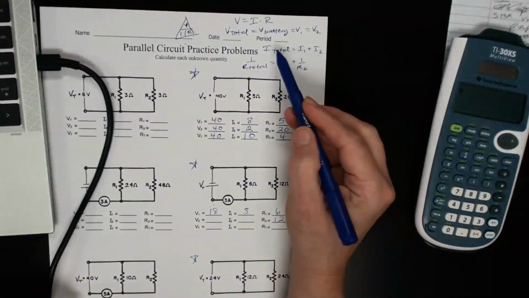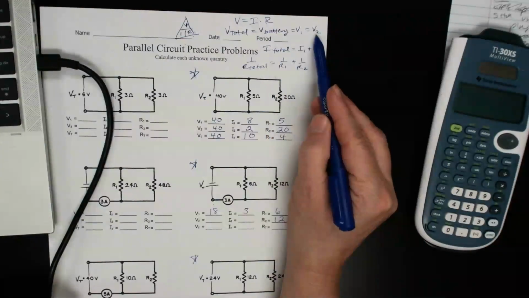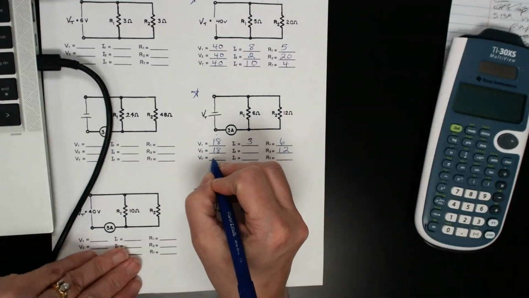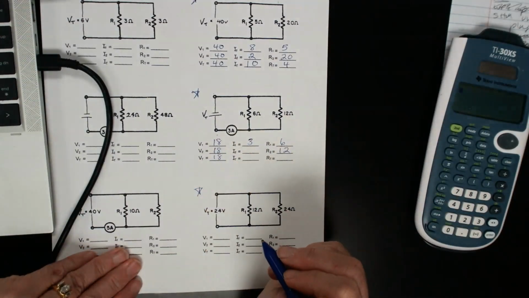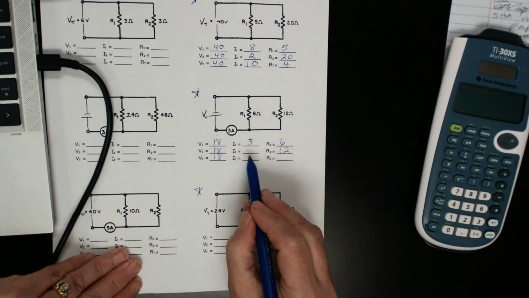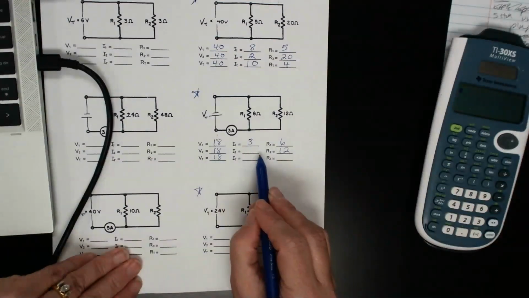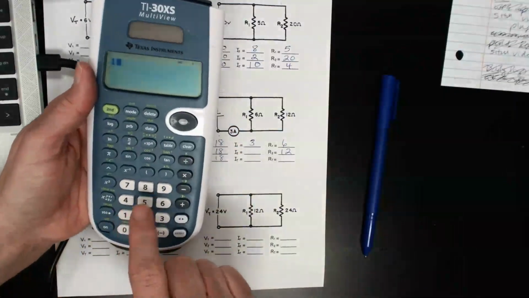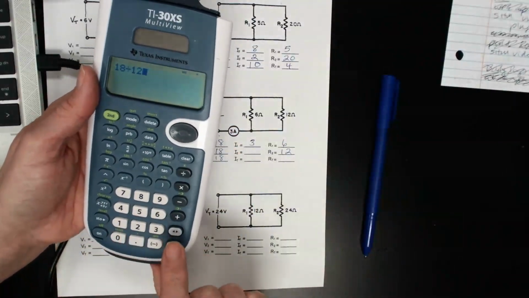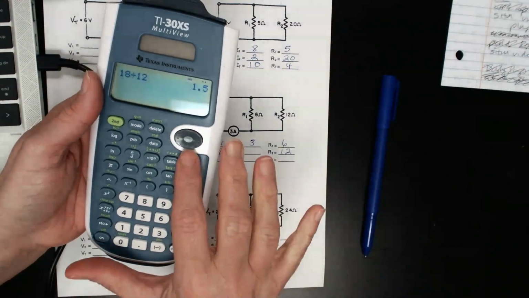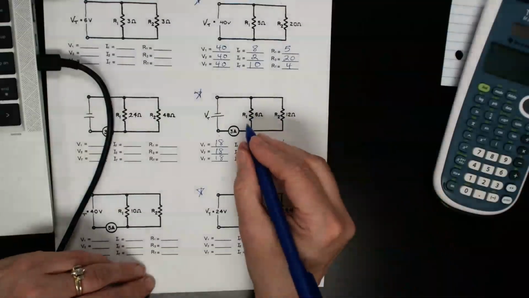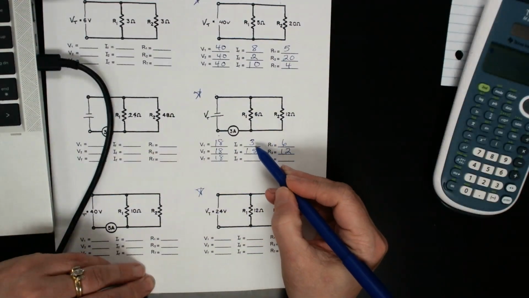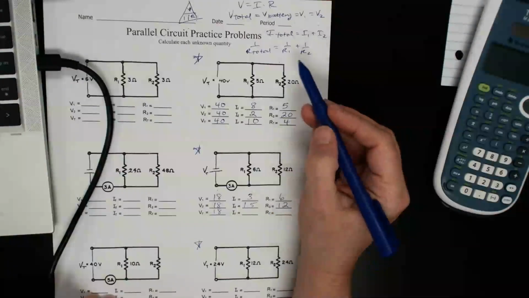Again, looking back at my rules, all my voltages are going to be the same for a parallel circuit, so I can fill in those two other values. I can get current for this line because I see I've got a voltage and a resistance. So I'm going to divide 18 by 12. Gives me 1.5. I can add my currents up because that's another one of my rules.